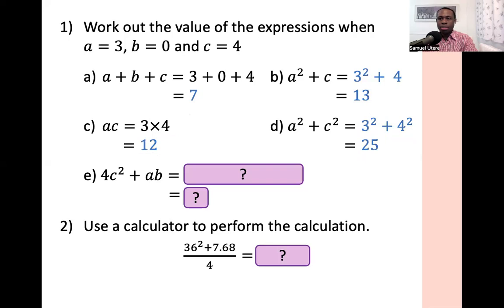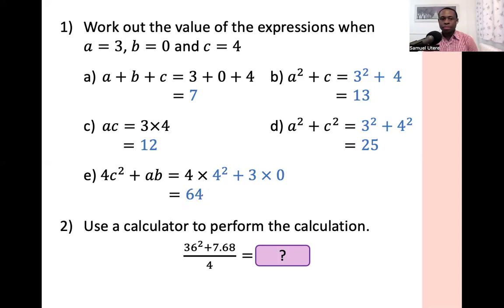The next one is a bit more complicated than the others, but it's not too difficult. We will square whatever C is and multiply that by 4, because 4C squared means 4 times C squared. And then AB means A times B. That gives us the result of 64.